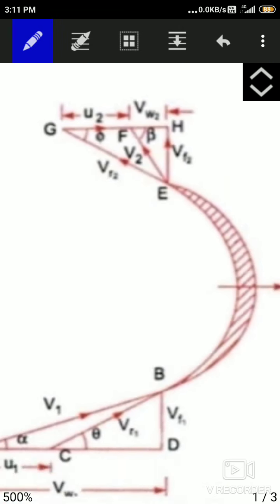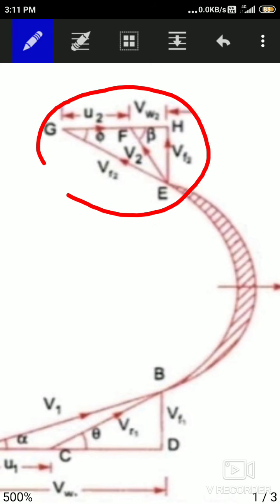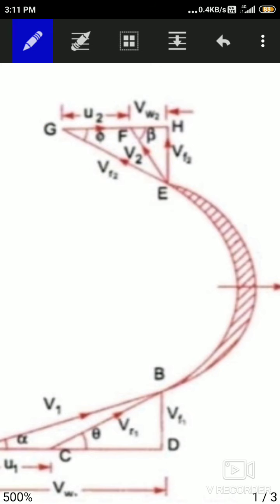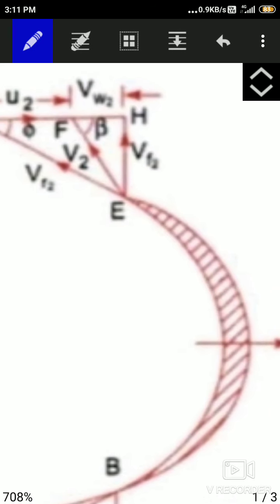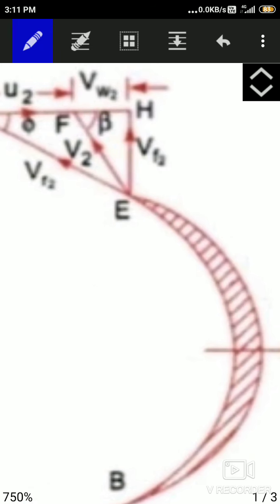So this is how the velocity triangle is drawn here, and here also VW2 is the horizontal component of V2, and VF2 is the vertical component of V2.